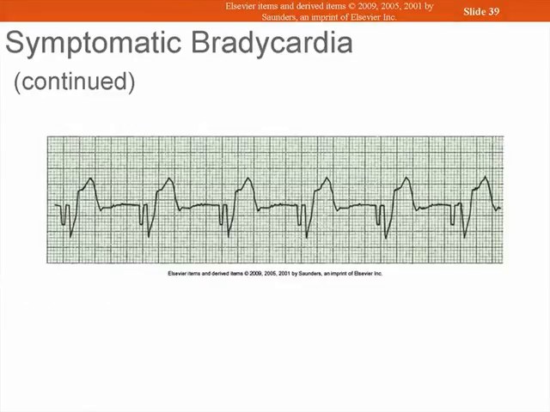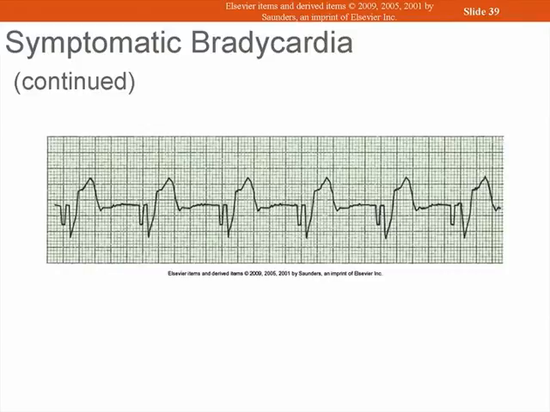This rhythm shows bradycardia. The patient may be symptomatic. This has elevated STs. There's also a P wave, but look how close it is to the QRS complex. So could this be an AV-initiated rhythm? Absolutely could be, but there is a P wave in front of it, even though it's just in front of it, and it is inverted, but there are ST elevations here.